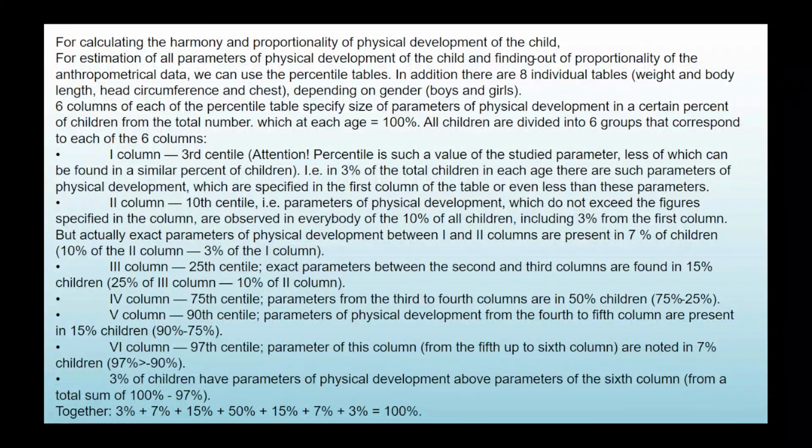For calculating the harmony and proportional physical development of the child, for estimation of all parameters of physical development of the child, and finding out the proportionality of the anthropometric data, we can use a percentile table.